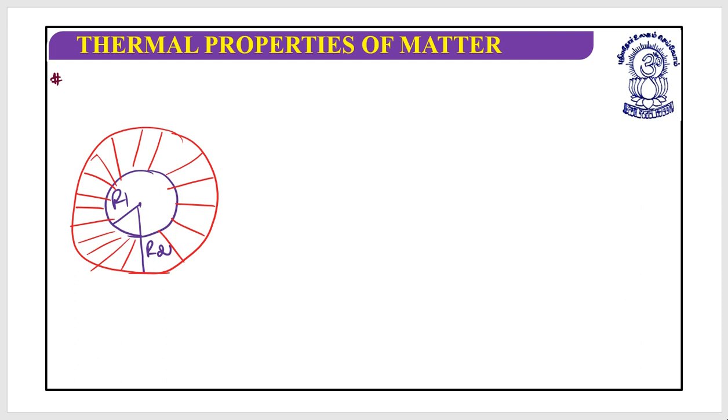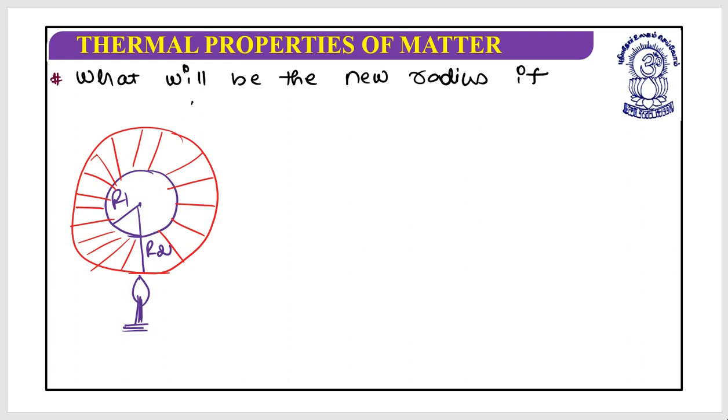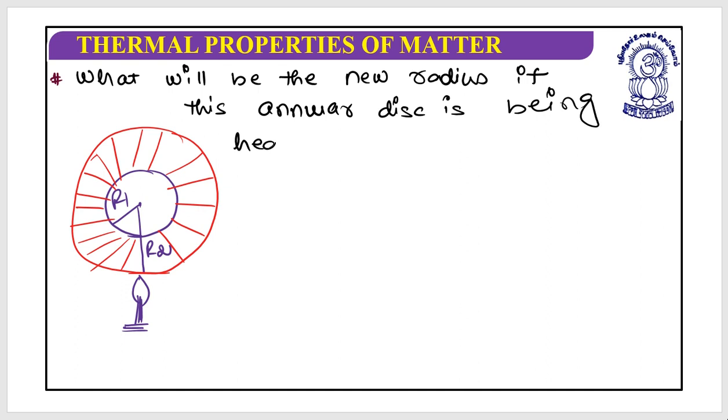And when the situation is something like this, and I'm going to heat up, they will ask me what will be the new radii if this annular disk is being heated up.